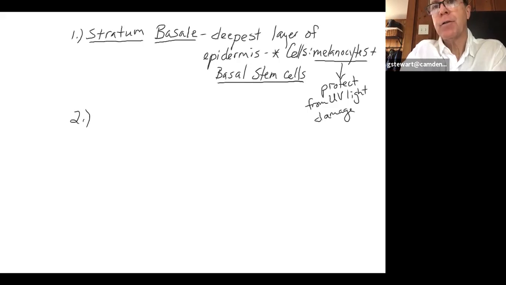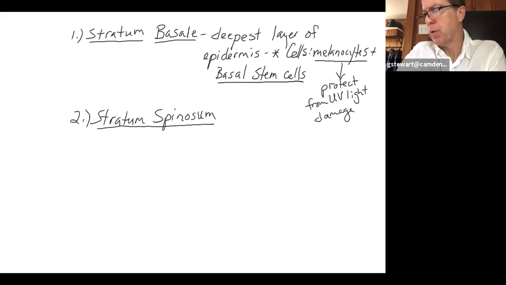The next layer is called the stratum spinosum. It gets its name because of how the cells look. They're spiky or spiny shaped. That's where it gets its name. I'm not going to test you on that per se. This will make sense after I draw my picture at the end.